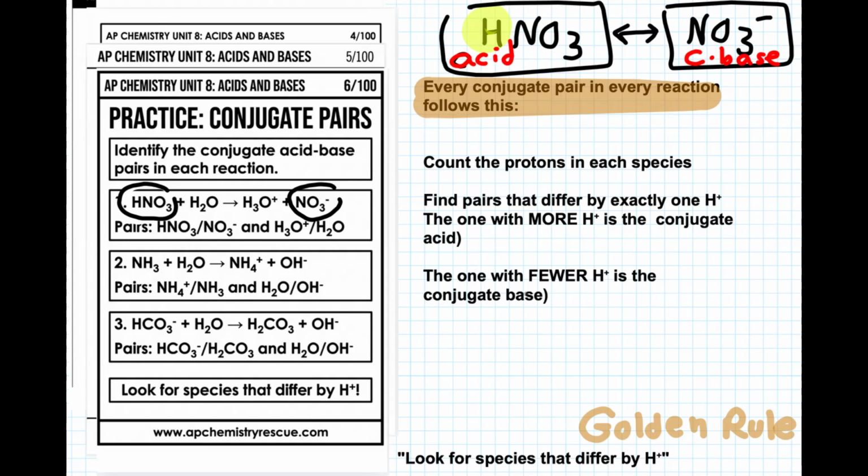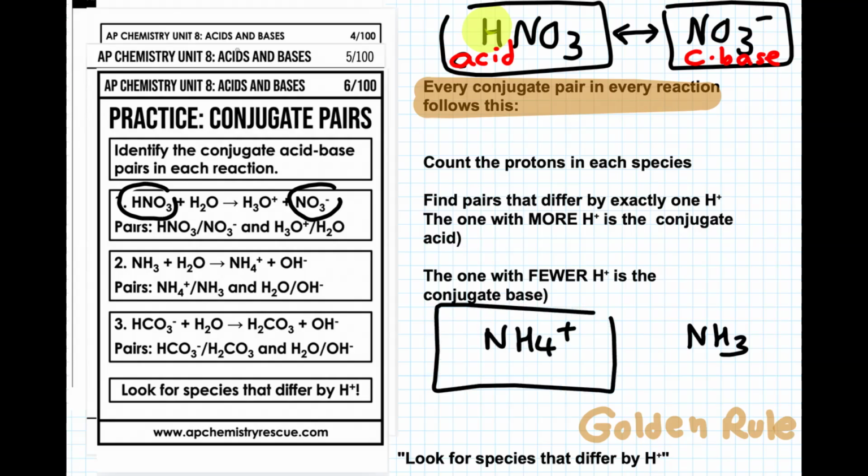Again, let's have a look at NH3 and NH4 plus. The one that has more protons is the acid or the conjugate acid, and the NH3 that has less protons is the base or the conjugate base.